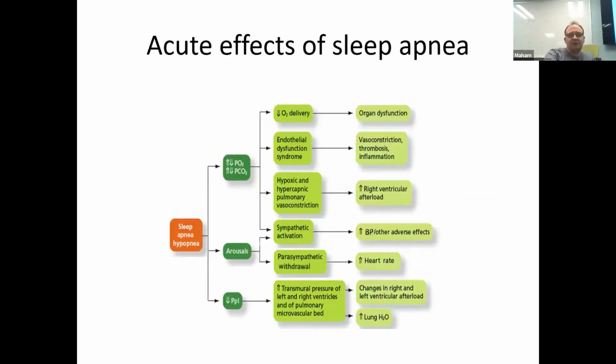So somebody with sleep apnea, every single night when they're sleeping, they have these fluctuations in their PO2 and PCO2. So they have intermittent decrease in oxygen delivery. They end up with endothelial dysfunction syndrome, which leads to vasoconstriction, thrombosis, and inflammation.